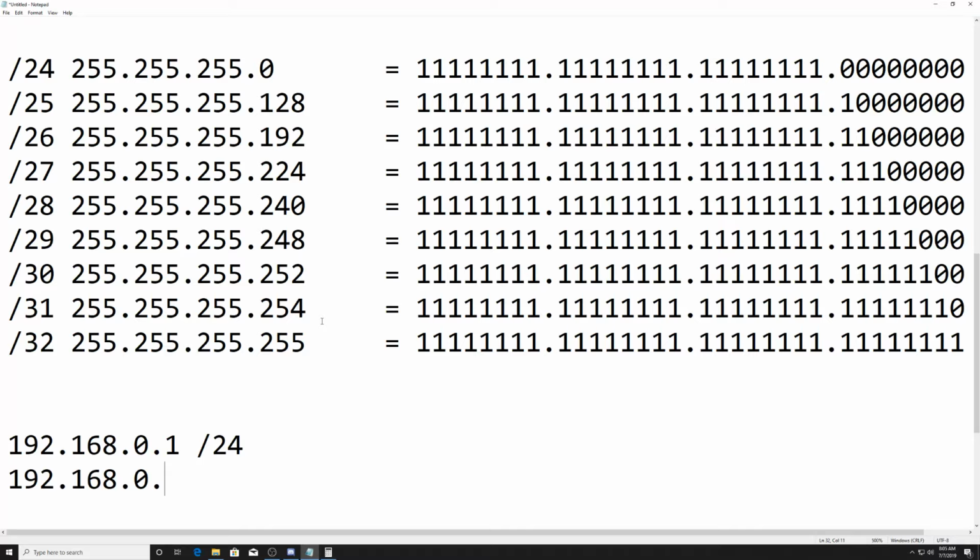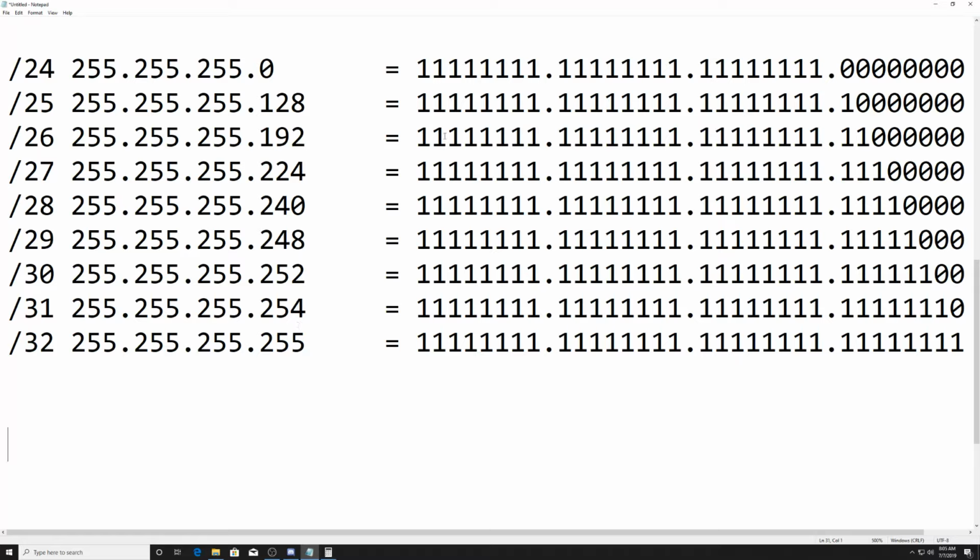You take the 2, subtract it from 256, that magic number, and you're left with 254. So you'll be able to use 192.168.0.1 through 192.168.0.254. And if you didn't get this example, don't worry about it. We're gonna use another exercise.